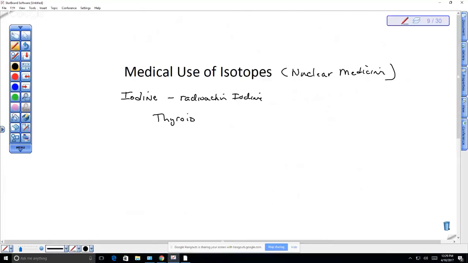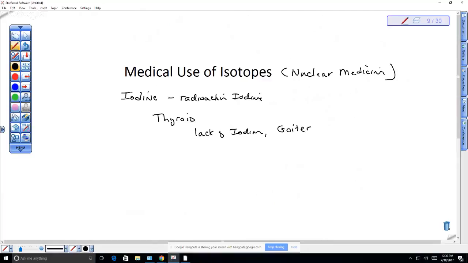And so sometimes you see children or adults with a big, enlarged thyroid gland, and that is called a goiter. So lack of iodine, you develop a goiter. And if you give a person iodine when they have this symptom, then they can produce the hormone and the swelling of the thyroid gland will go down.